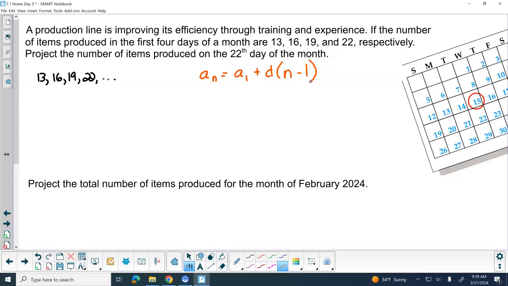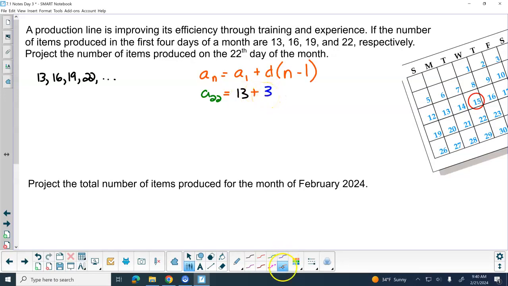My 22nd term is going to be equal to my first term, which just so happened to be 13, plus how much are we going up by every day? 3. So we're improving by 3.